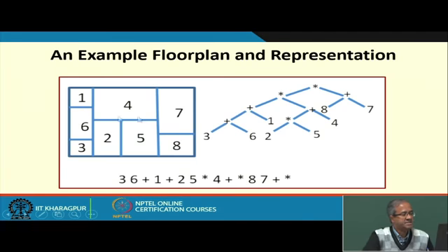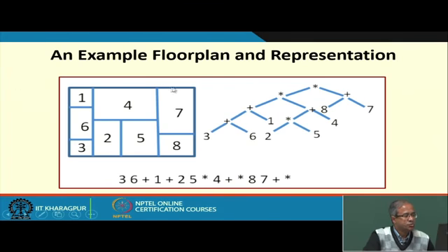Their areas roughly indicate their sizes, right. Now, this is the rough floor plan that I have arrived at. Well, in terms of the house again I can say this 4 will be my drawing room, this 7 and this 2 will be my say bedrooms, like that. This one can be my kitchen and so on.